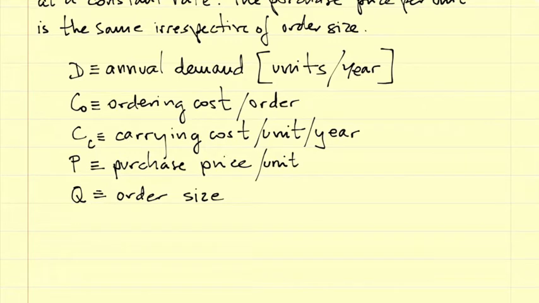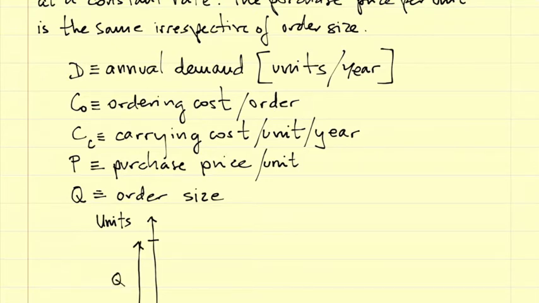Then we have something like this. The model behaves like this. So this is the number of units. This is time. And then we have Q, which is my order size.